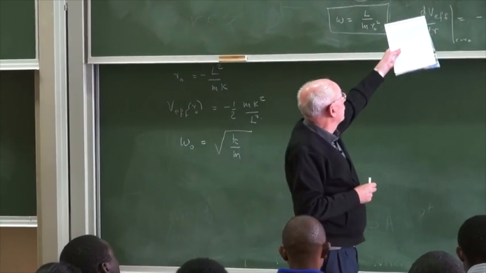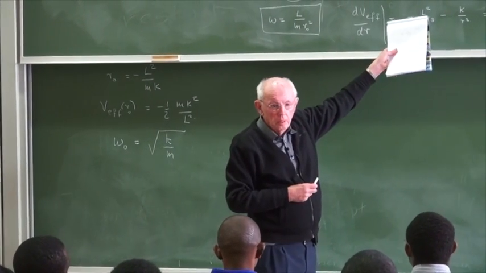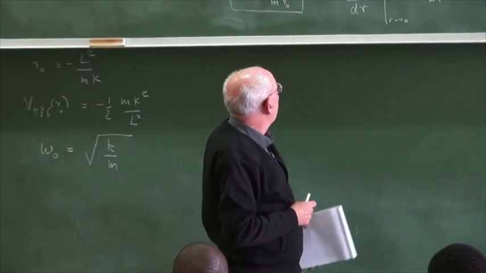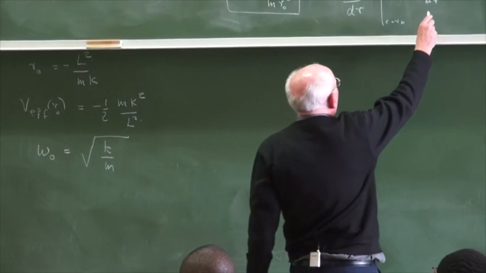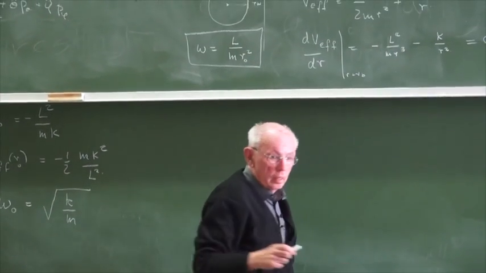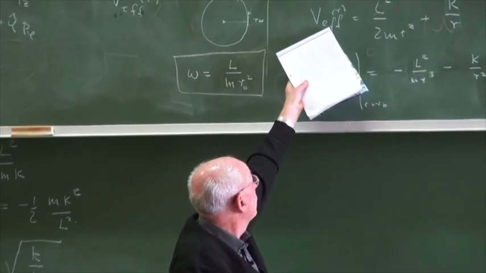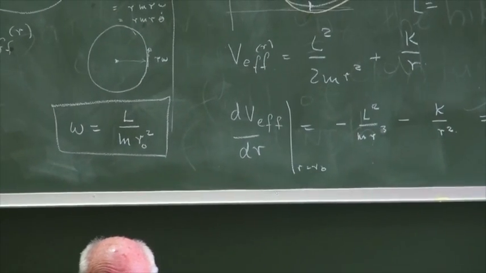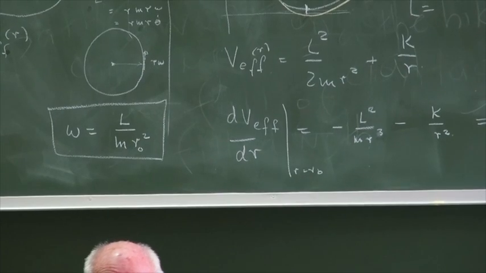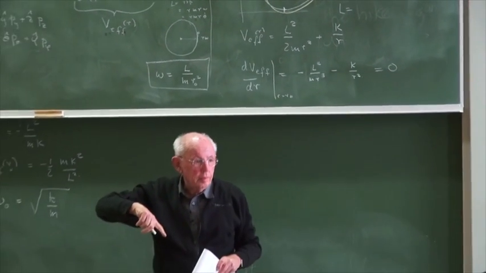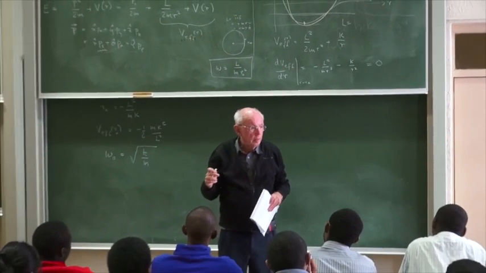I take this expression and take the second derivative. If you have a harmonic oscillator, you take the second derivative, you get k.